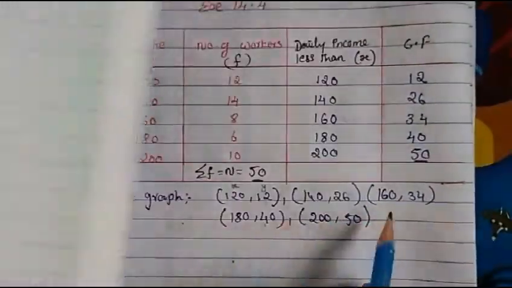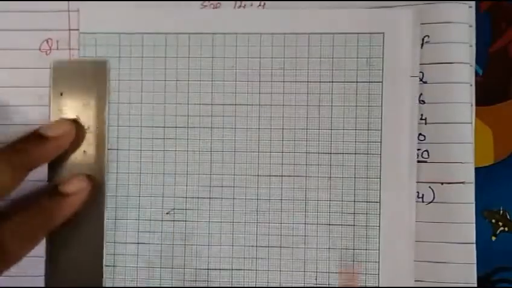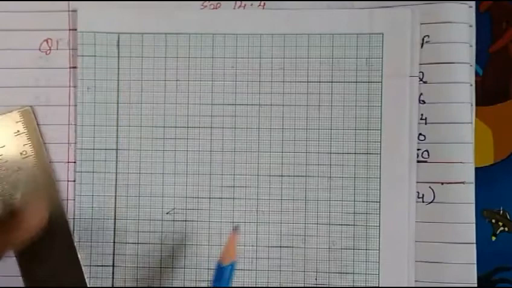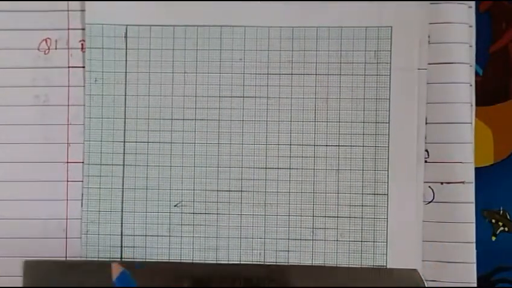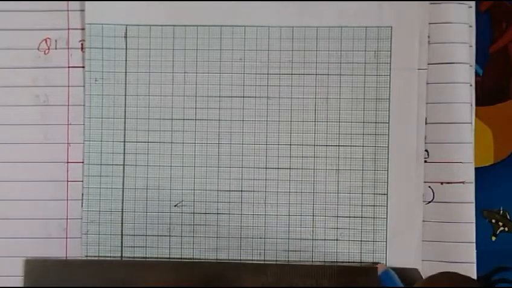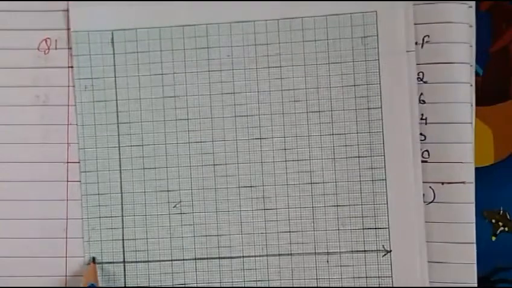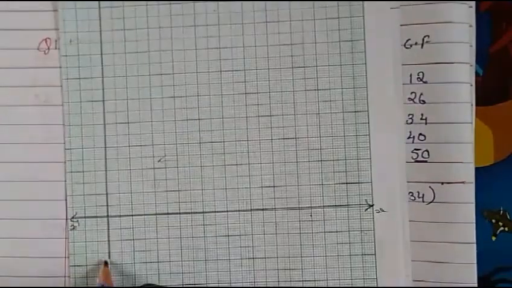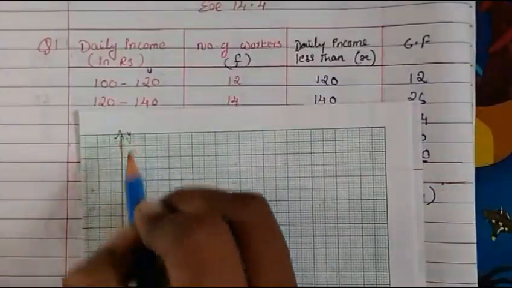So this is your graph paper. All are positive, so we need only the first quadrant. So you can draw this: your X dash, this will be your X axis, and this will be your Y dash, up it is the Y axis.